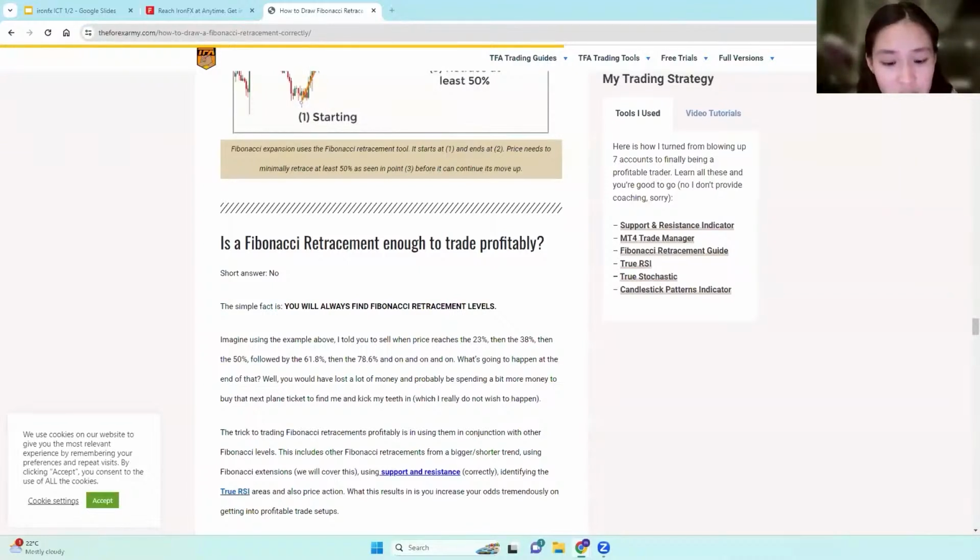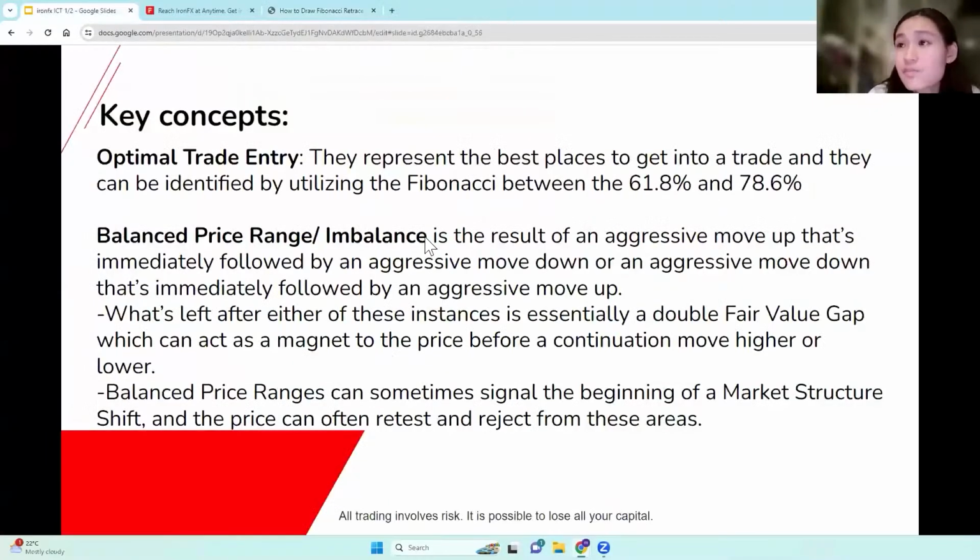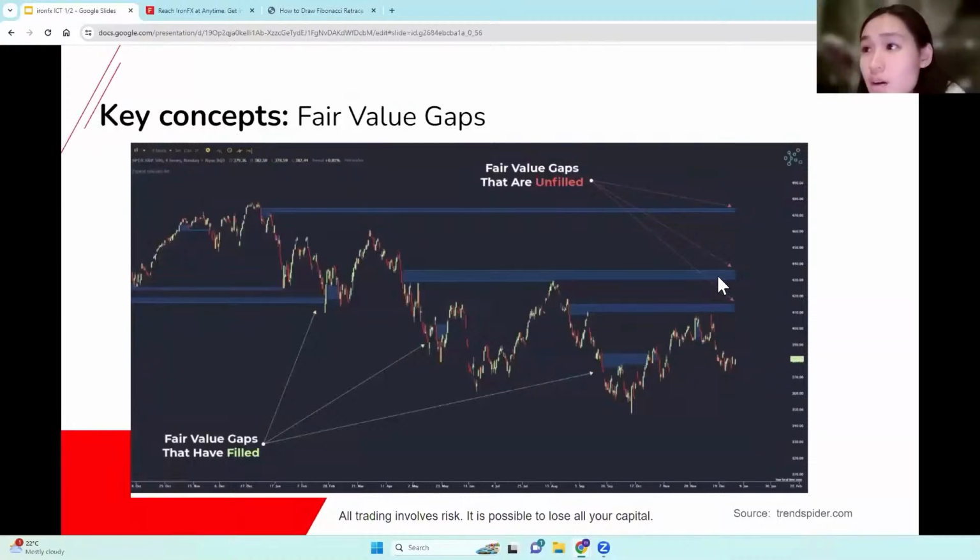Oh, we have a question. What happens to an FVG that has not been filled? If we go back to my slides, basically what it means when it's not filled is that we don't expect price to return to that area anytime soon. So we're not going to take note of those levels.